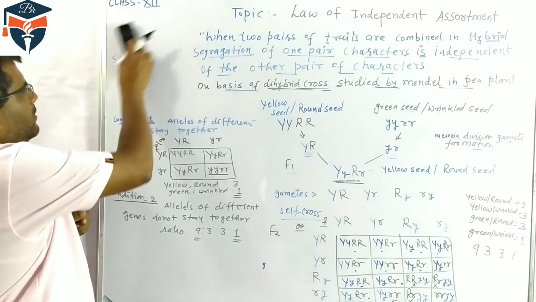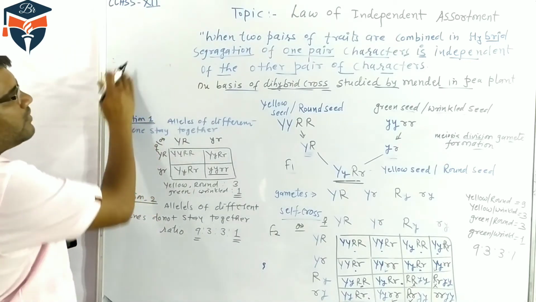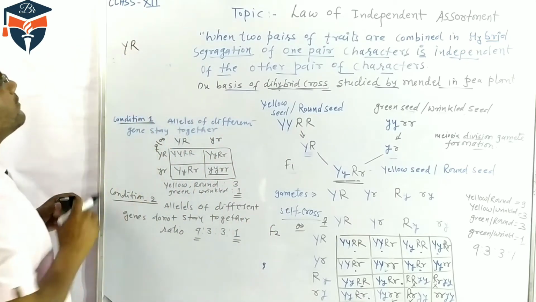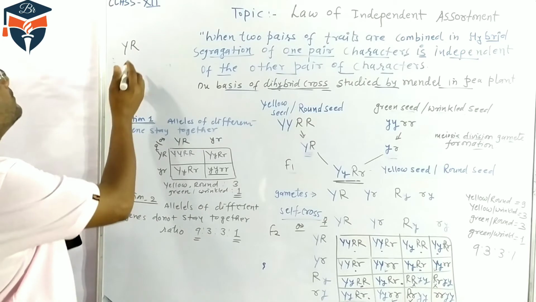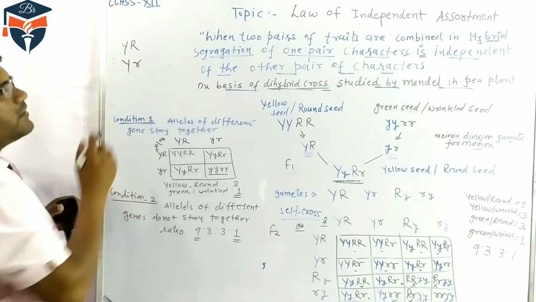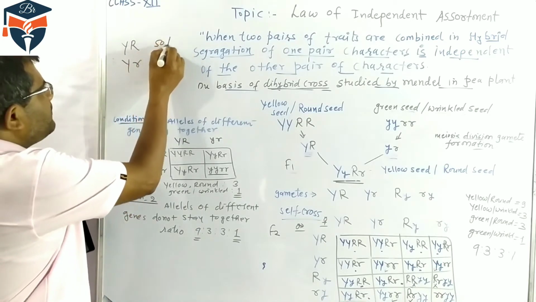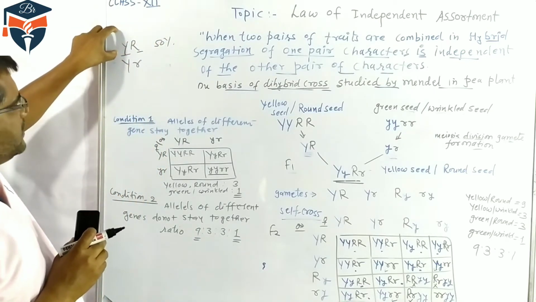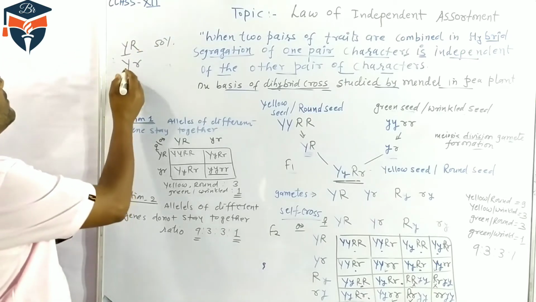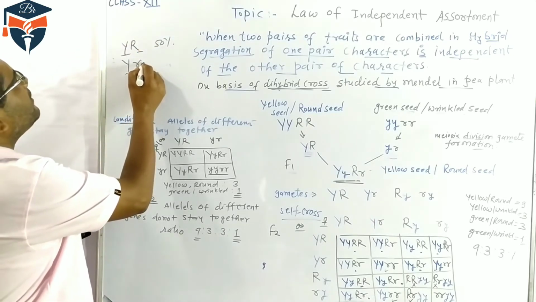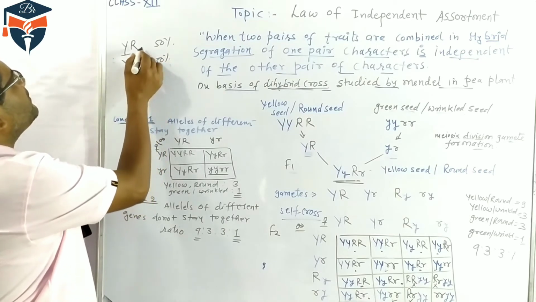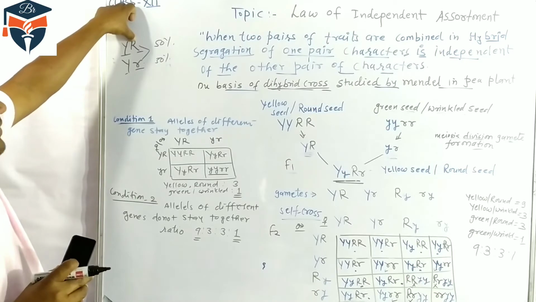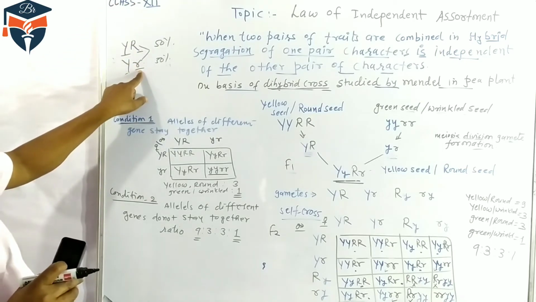One more important thing we should remember: with yellow round seed and yellow wrinkled seed, there is a 50% contribution of allele R and 50% of allele small r.